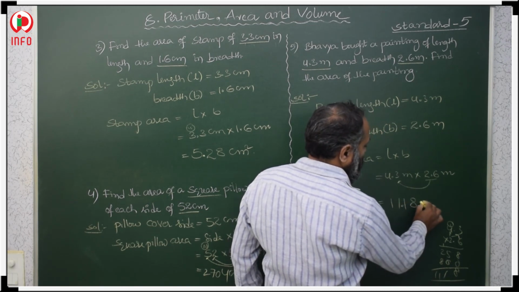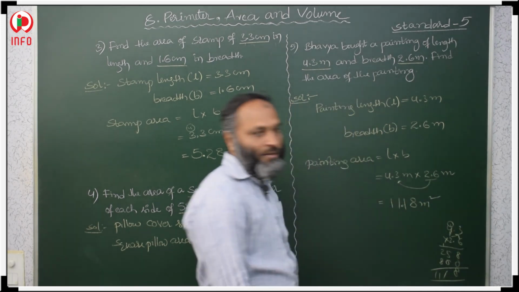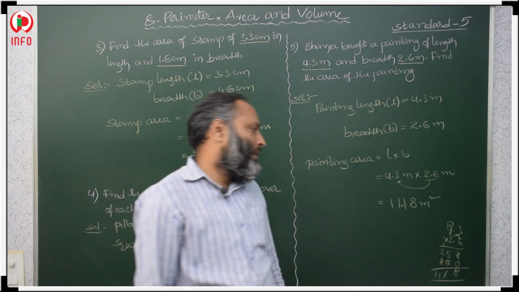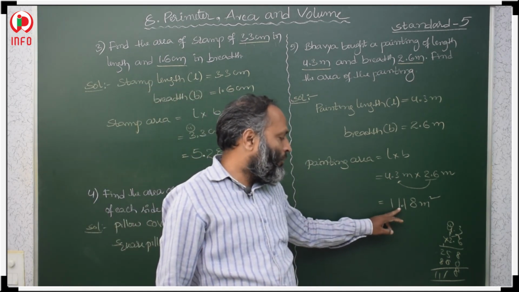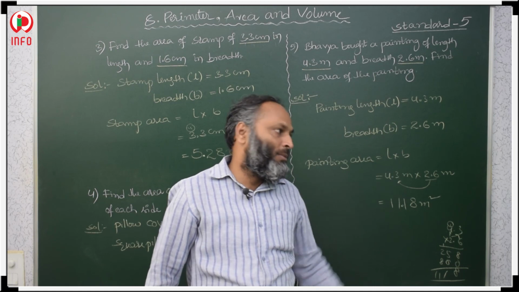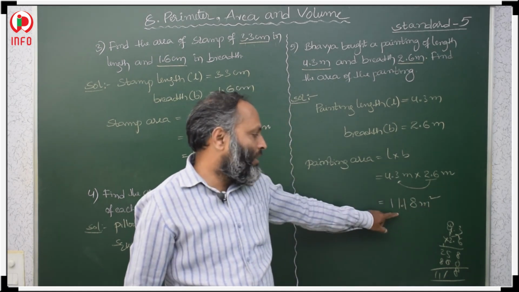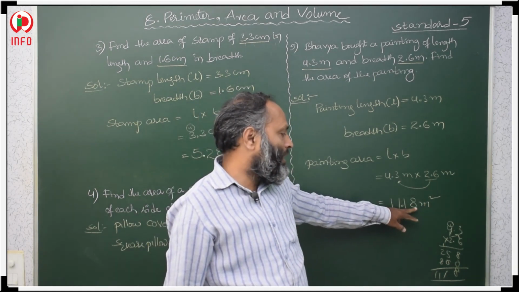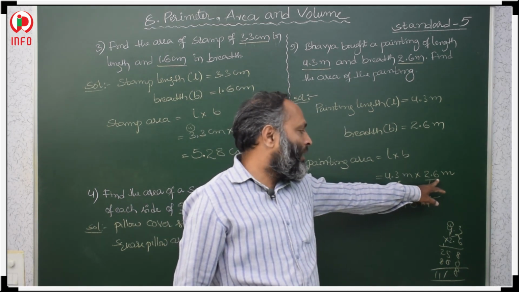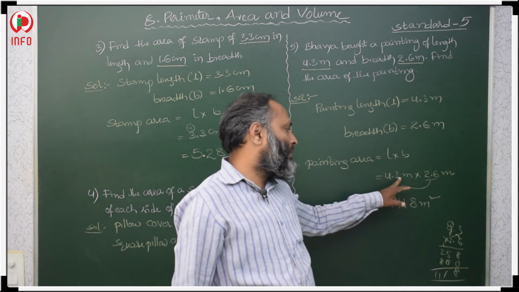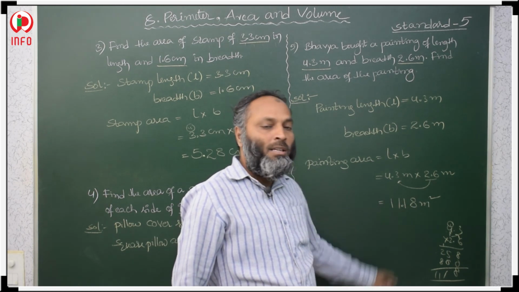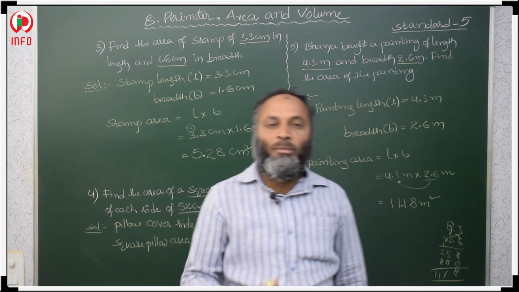After 2 digits we keep a decimal. This is in meter square. So, 11.18 meter square after keeping decimal. Why after 2 digits do we have to keep decimal? Because here from right to left, after 1 digit we have a decimal, after 1 digit we have a decimal. 1 plus 1 is 2. So, after 2 digits we keep a decimal from right to left.